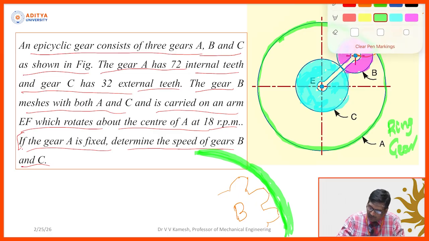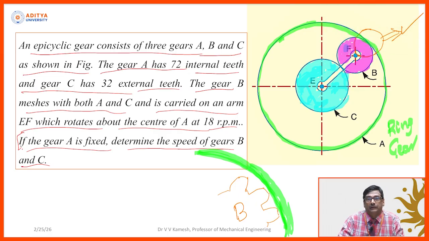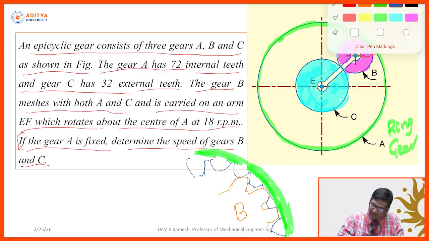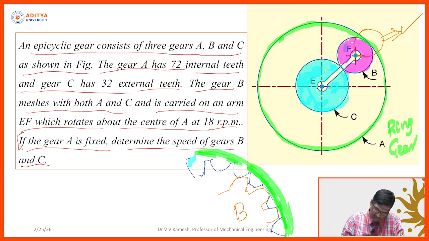On the ring gear, I am having internal teeth. Internal teeth means whatever gear you make on the outside is external; if it is inside, it is called internal teeth. Like this, I have internal teeth cut.